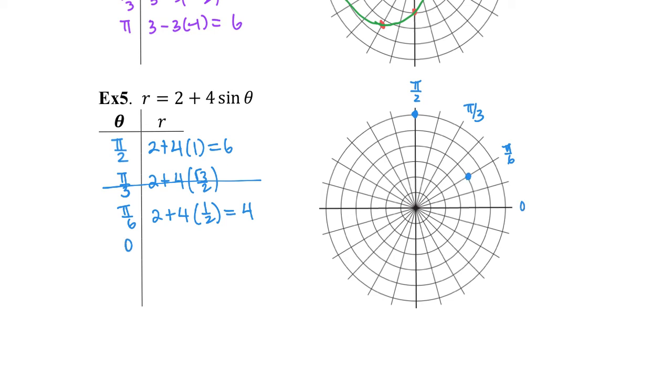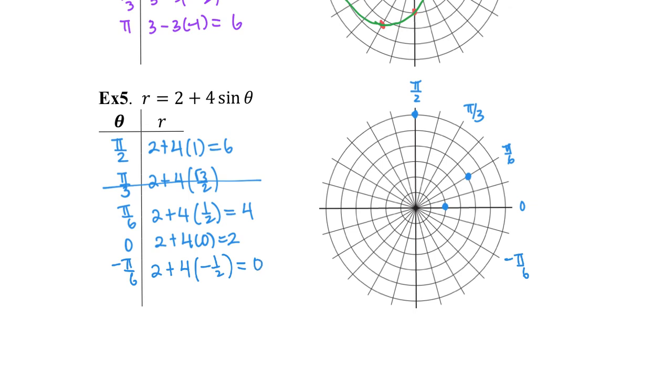Let's go down to 0. Okay, I'm going to keep going down. If I go down to here, I'm going to call it negative pi over 6. You could call it something else, 11 pi over 6. It's the same value, no matter what I call it. The sine there is negative 1/2.